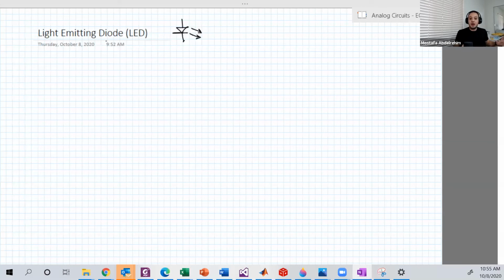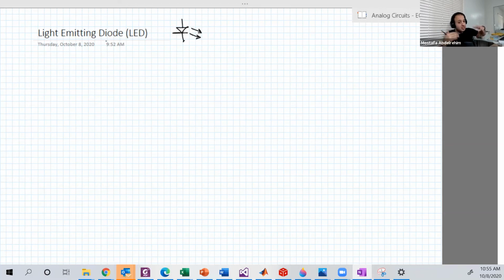So the final part, or something that I want to talk about, is the light emitting diodes, or LEDs. It's a special type of diode. It's not silicon, it's made of gallium arsenide. There are many materials that we can use to make it, but basically the same concept.